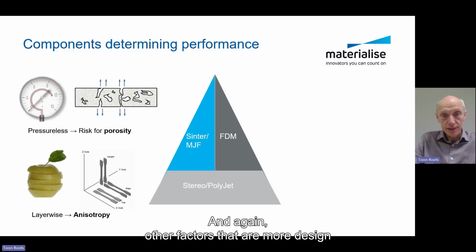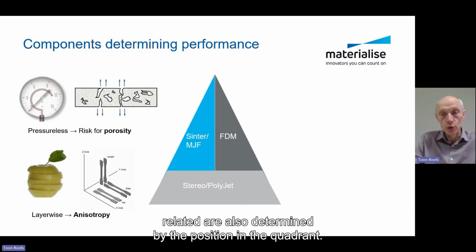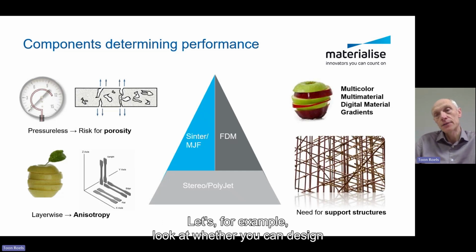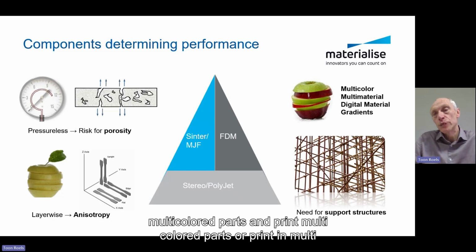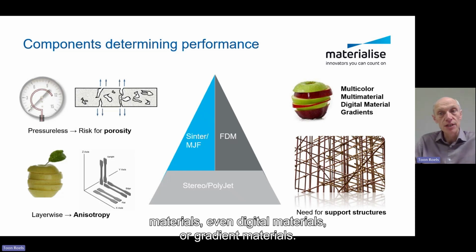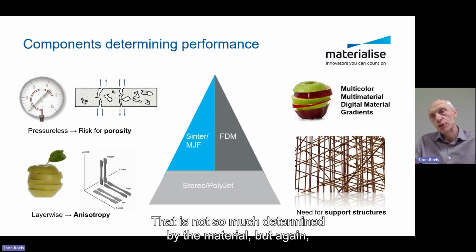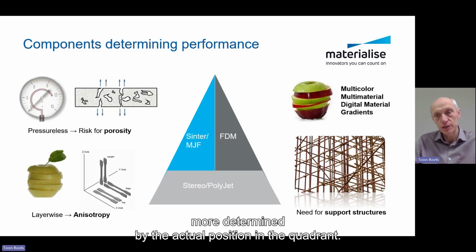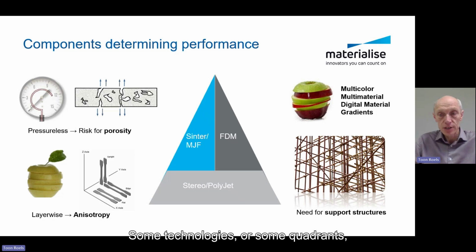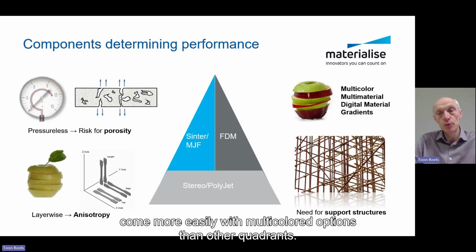And again, other factors that are more design related are also determined by the position in the quadrant. Let's, for example, look at whether you can design multicolor parts and print multicolor parts or print in multi-materials, even digital materials or gradient materials. That is not so much determined by the material, but more determined by the actual position in the quadrant. Some technologies or some quadrants come more easily with multicolor options than other quadrants.